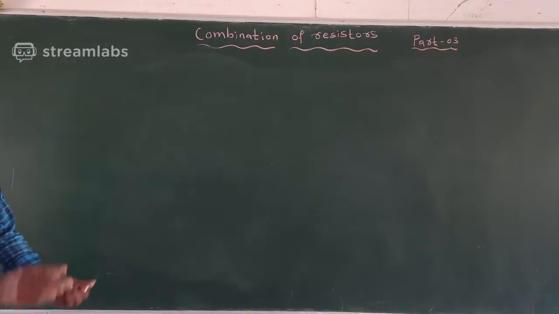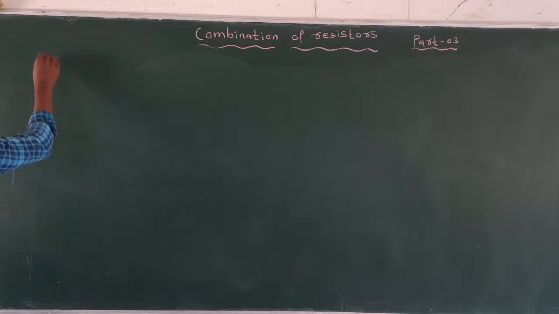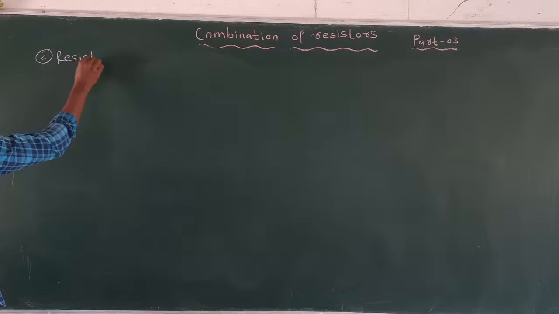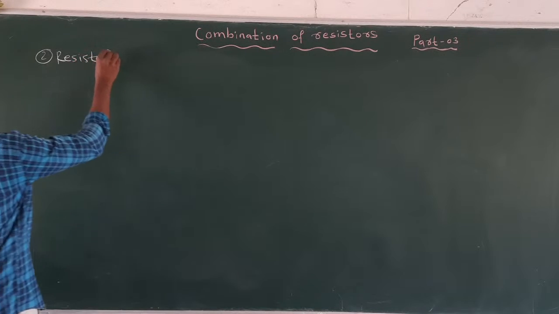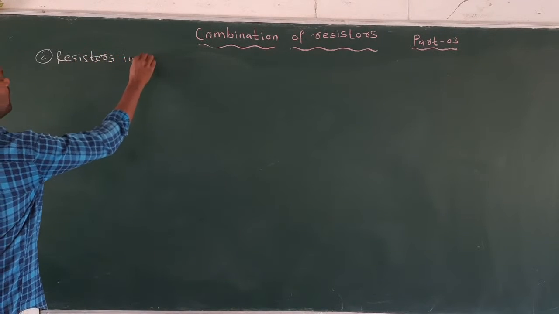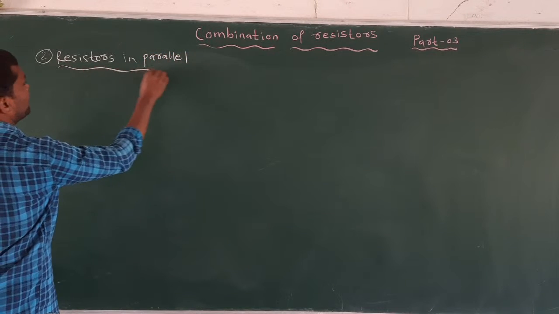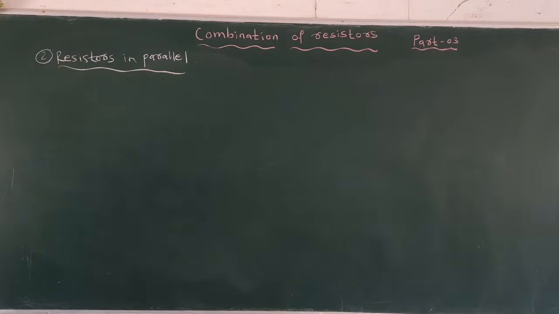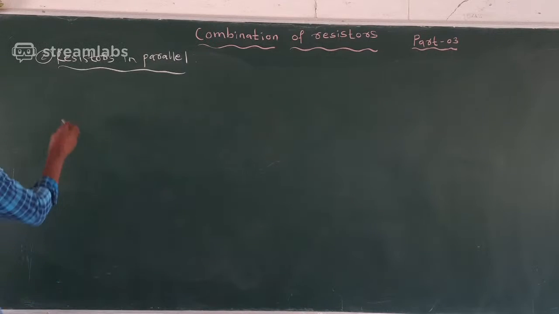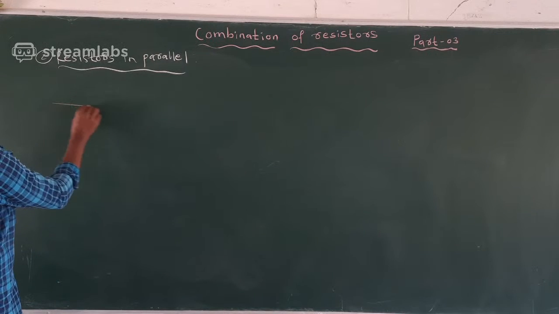So now next we will discuss the resistors in parallel. When we connect the resistors in parallel combination, I can take the three resistors. The three resistors are R1, R2, R3. So we can draw the resistors.